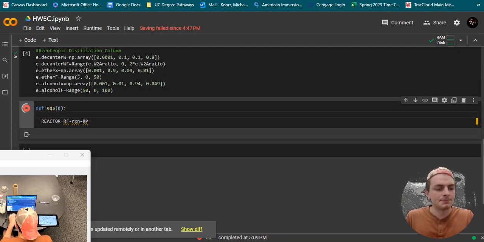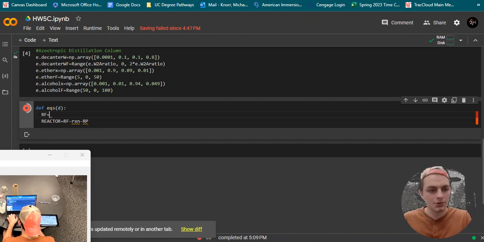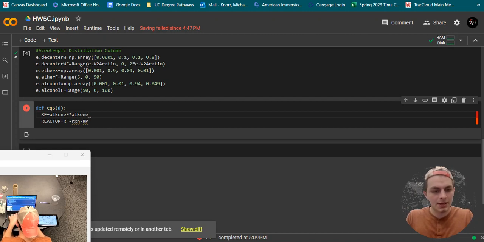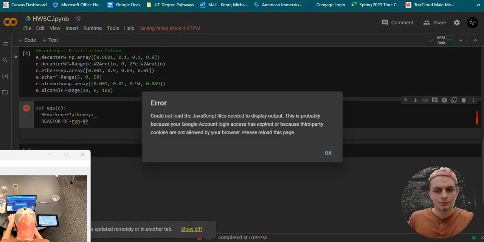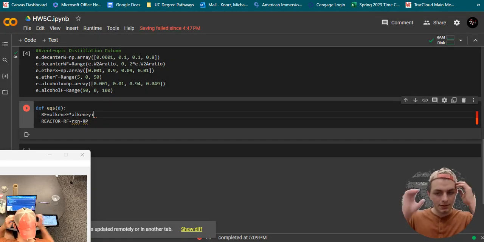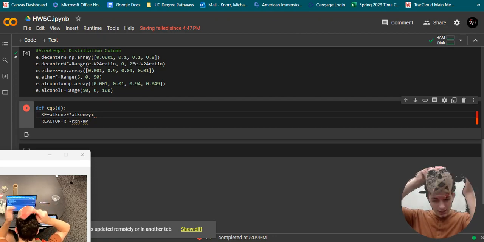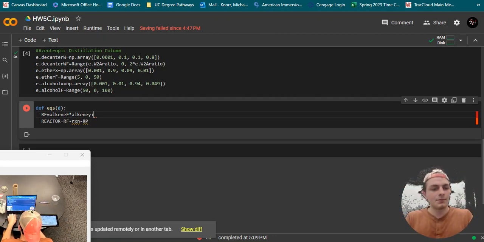Now, let's go ahead and define reactor feed first. Stop running. Reactor feed, we said, was going to be equal to our alkene feed multiplied by our alkene moles. Add that to our water. Let's see, our water is, okay, there's that error.